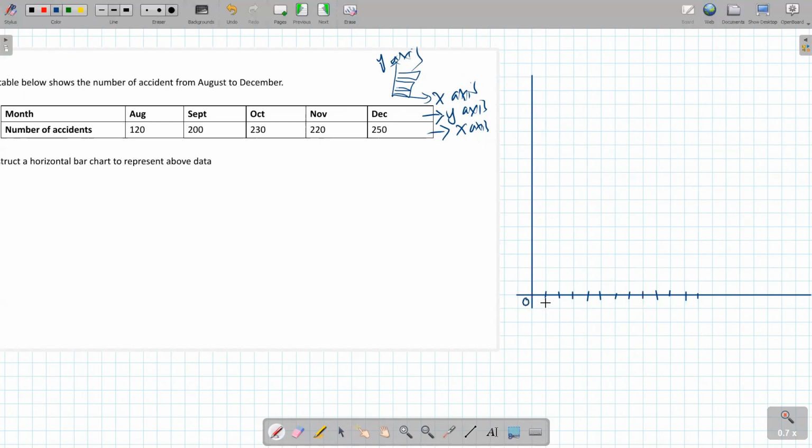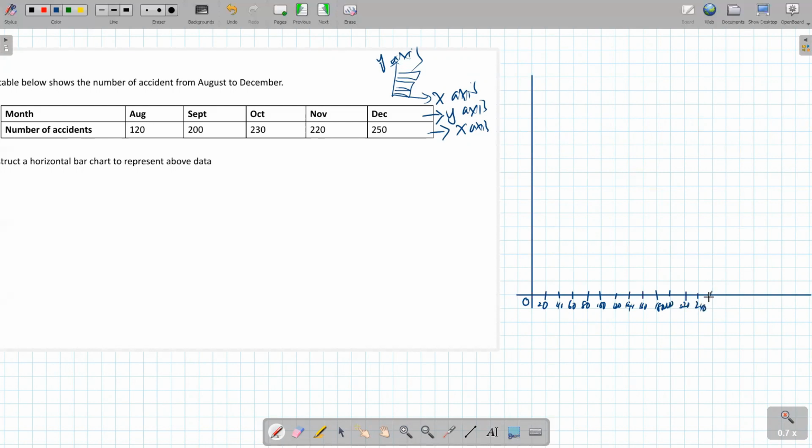Label here, this is 0, 20, 40, 60, 80, 100, 120, 140, 160, 180, 200, 220, 240.